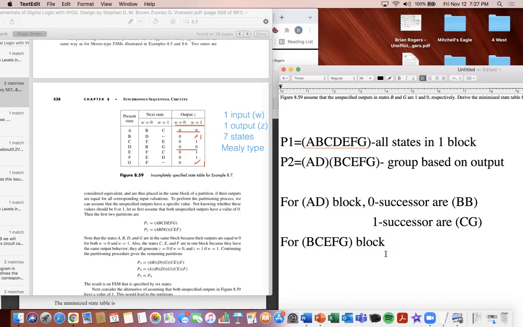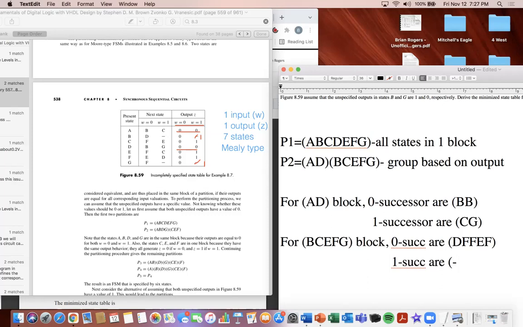Okay, for the B, C, E, F, G block, the 0 successors, I'm going to abbreviate it, are, for B, it's going to be D, for C, F, for E, F, for F, E, for G, F. And then the 1 successors are, here we have the don't care.